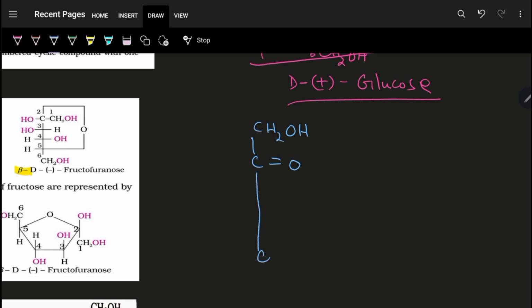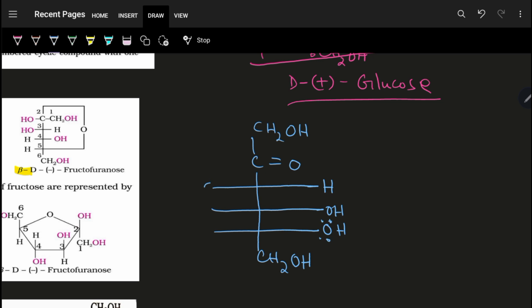The rest of the structure is like this. CH2OH in C6, this is C3, 4 and 5. So it was 2, 1, 2 and 2. So we can see that here in C5, what happens is the lone pair on oxygen. So this is OH, H and H.